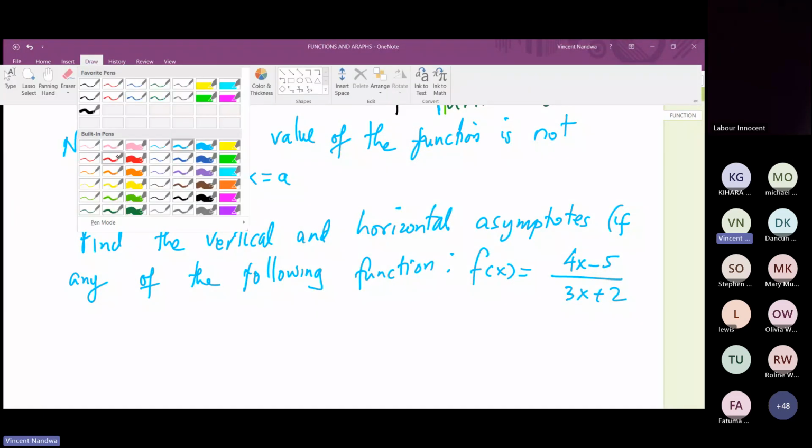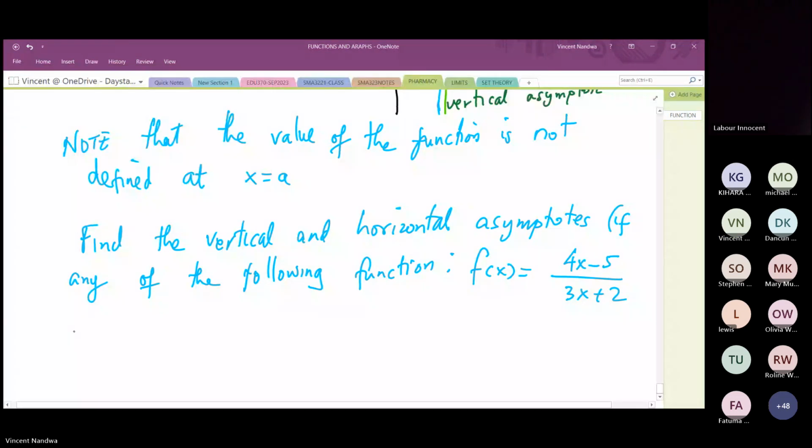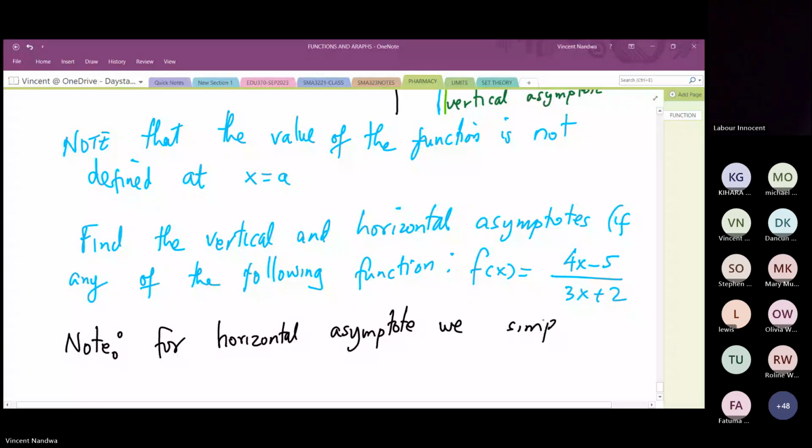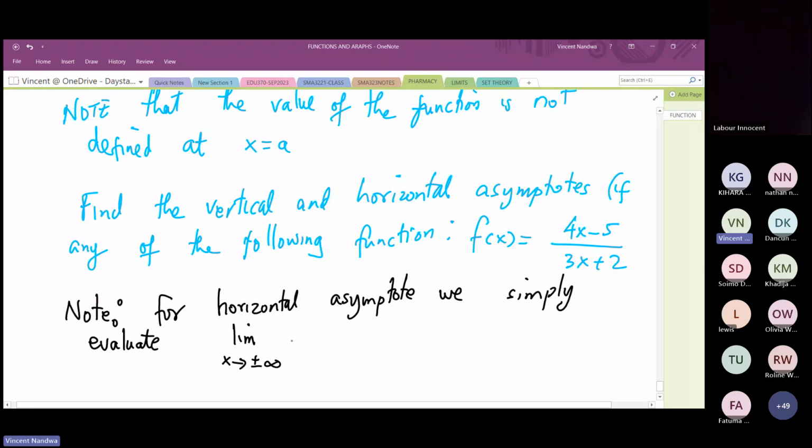So to solve this problem, you just remember that for the horizontal asymptote, we simply evaluate the limit as x approaches plus or minus infinity of f of x, which must be a number, say b.